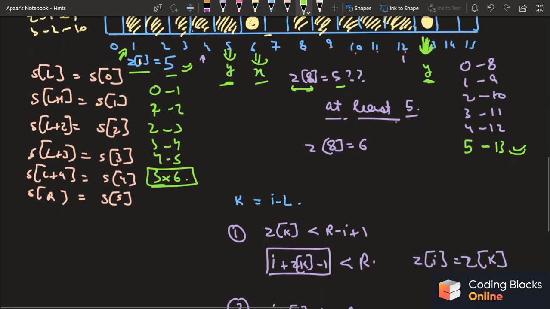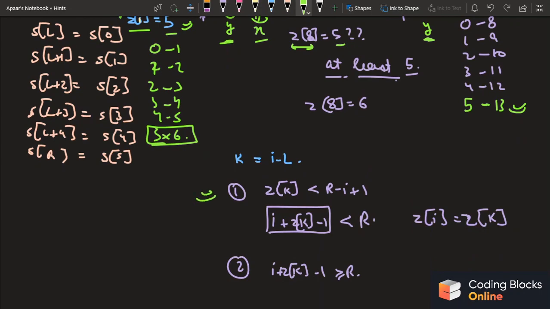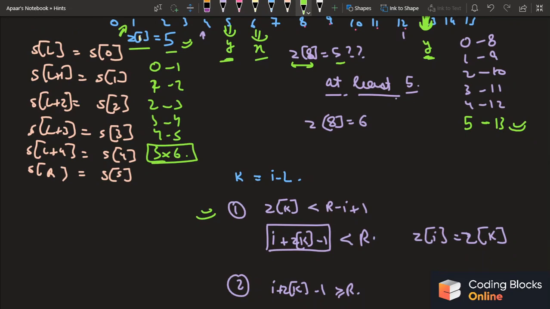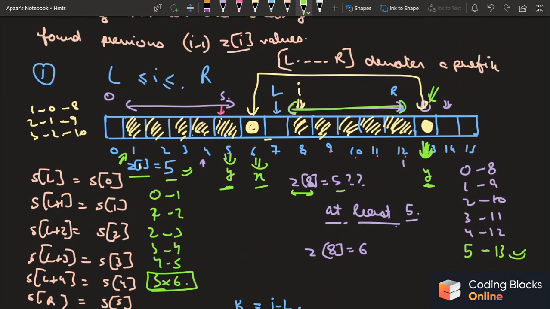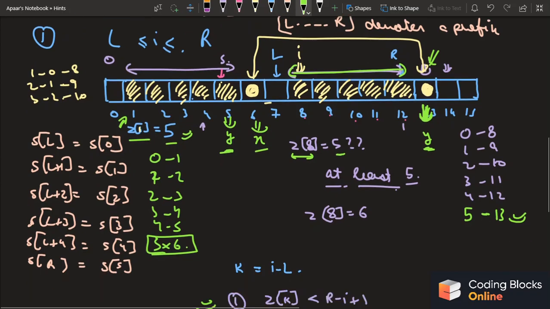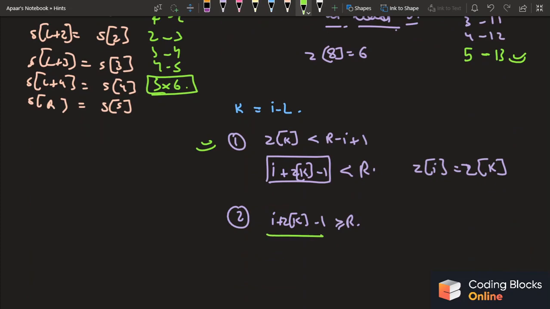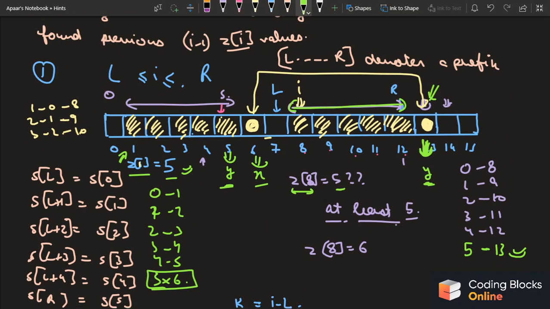But in the previous case, I got an index here, and after this index I am not able to match, so it should be less than that, right? But now if that z[k] value is greater than r, that length i + z[k] - 1 is greater than or equal to r, then I'm not sure whether further characters will match or not, because for that r value I haven't calculated the future values of my string.